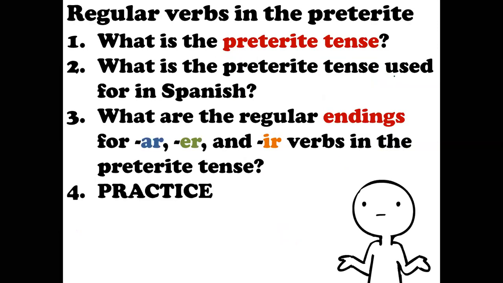But for today, we've talked about the regular verbs and the preterite. We've defined preterite. It's the completed past, actions that were completed in the past, and that's what it's used for. And then what are the regular endings? É, aste, ó, amos, aron for AR, í, iste, ió, imos, ieron for ER and IR.